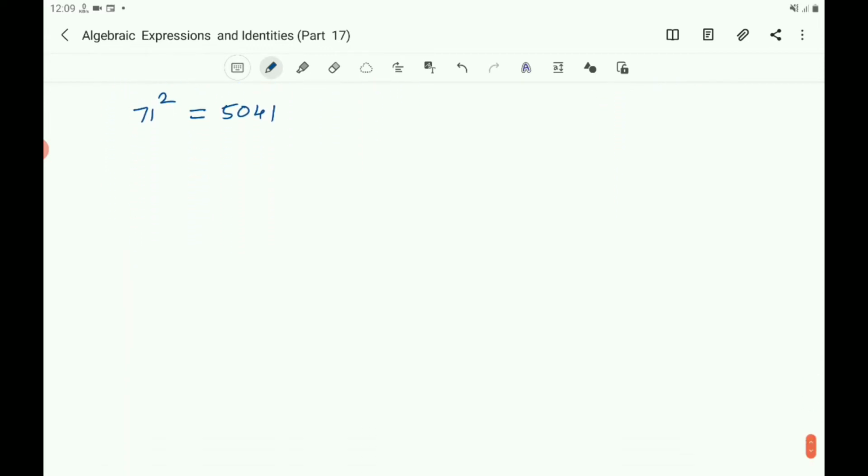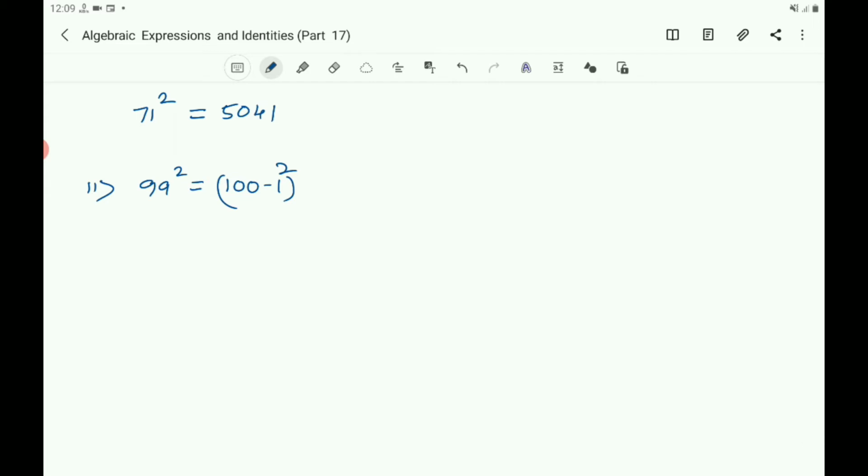The second one is 99 square. You can express 99 as 100 minus 1 or 90 plus 9. It is better to use 100 minus 1, because you can get the square of 100 easily, and the square of 1 is also easy. So express 99 square as 100 minus 1 whole square.